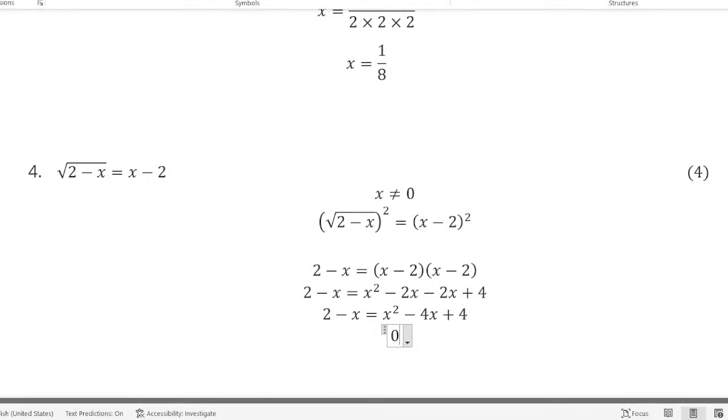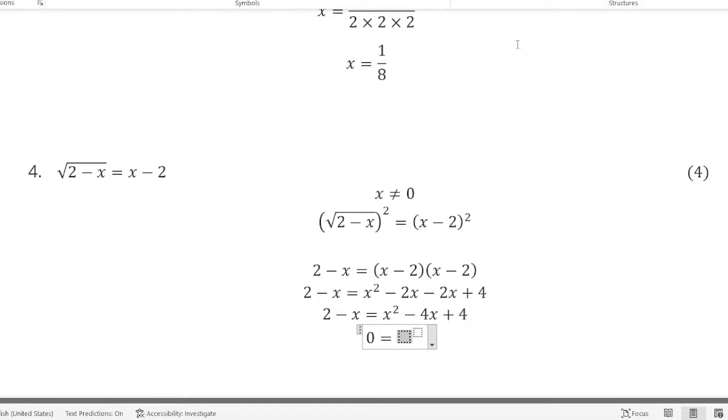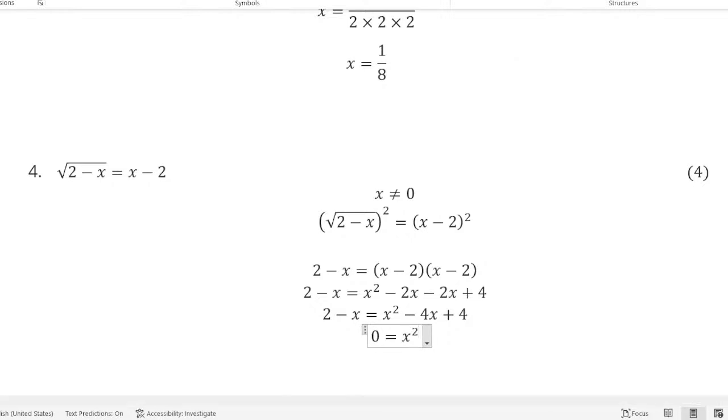So we'll have 0 is equal to x squared minus 4x plus 4. Then remember, when you're transposing, the sign changes. So the 2 was a positive, now the 2 becomes a negative, minus 2, right? Then the negative x is going to be positive x, plus x.